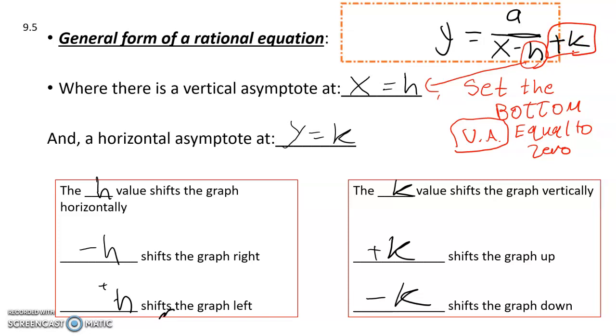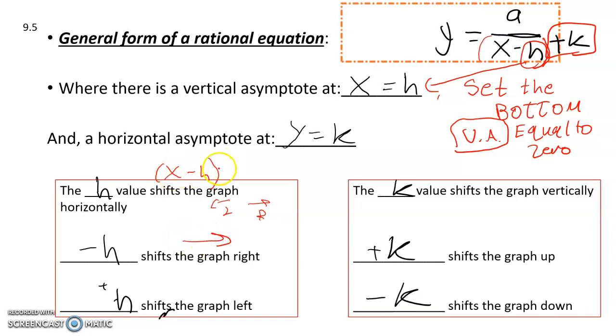Okay. So when we're looking at the general form here, it's our h value that shifts the graph horizontally, which means it shifts it left or right. Remember, think of this as being in parentheses right here. So I might think x minus h in parentheses. If it's minus h, it's going to shift it right.